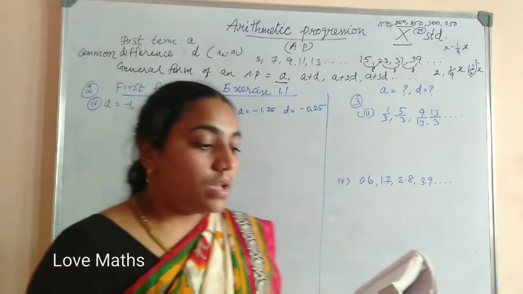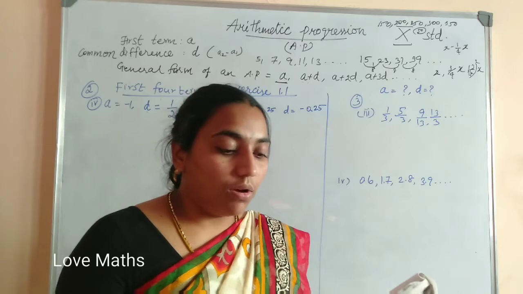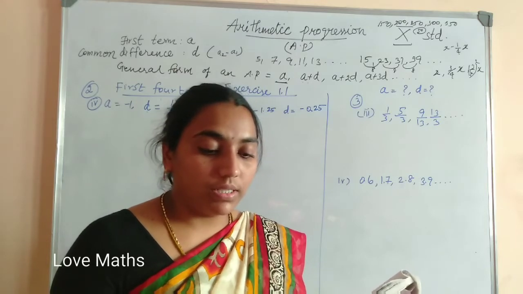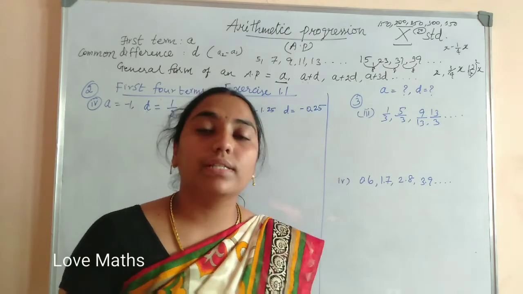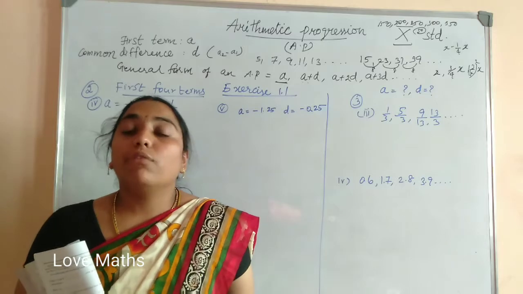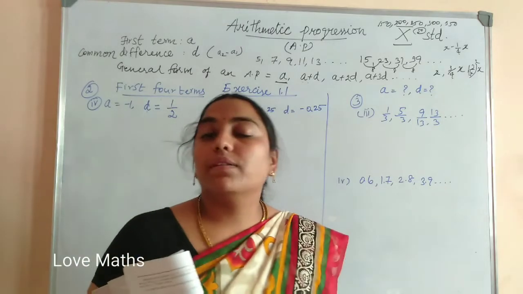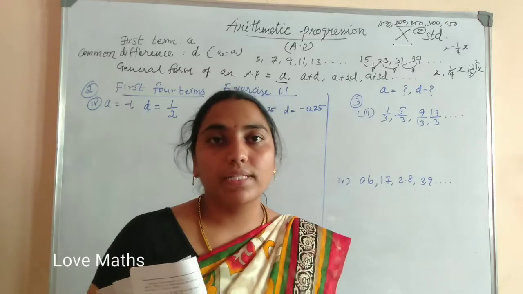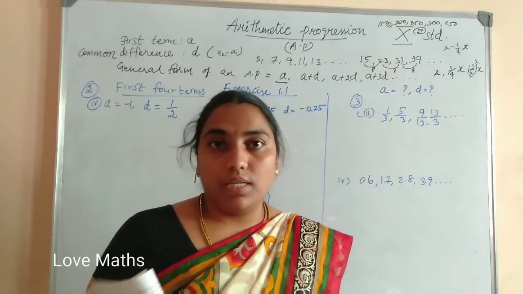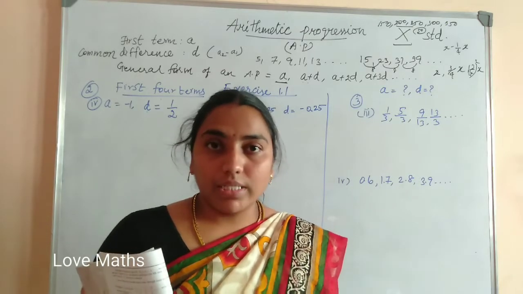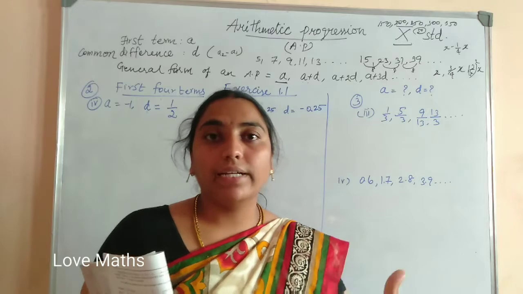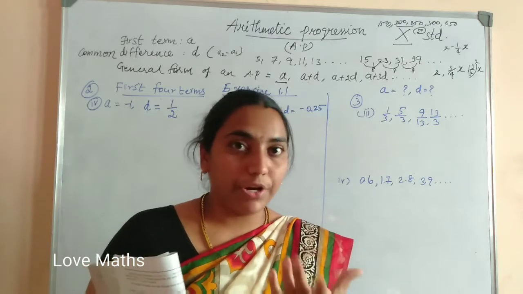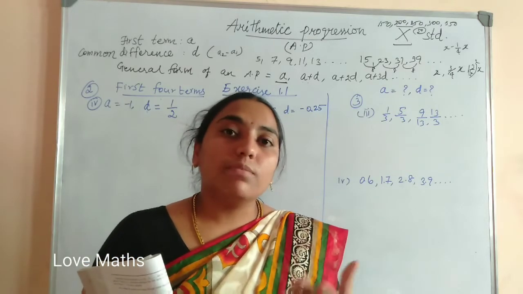Next, the amount of money in the account every year when 10,000 is deposited at compound interest of 8% per annum. If it is simple interest, it will be an AP, but this is compound interest. What is meant by compound interest? If I deposit 10,000 and get 1% interest, meaning 100 rupees, that is simple interest.